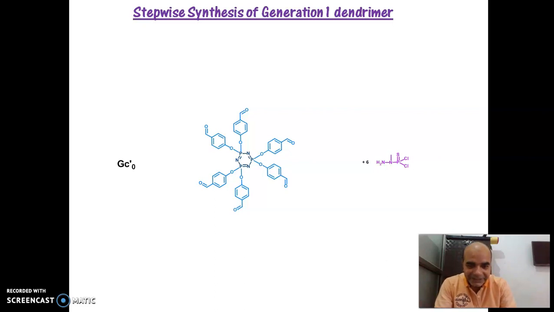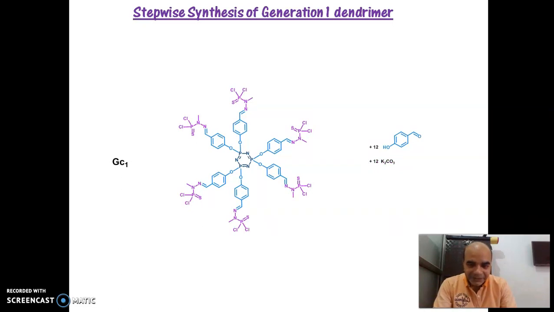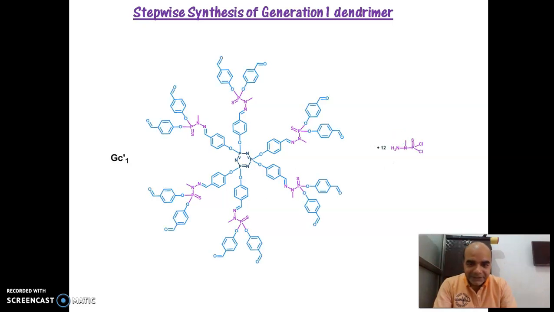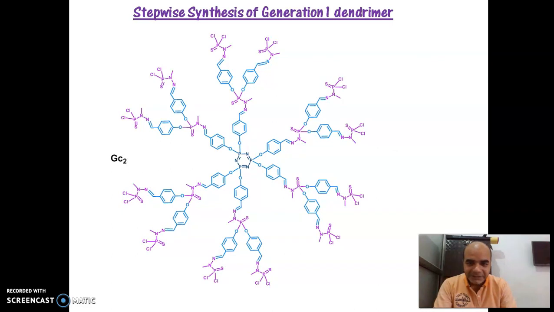We have put the aldehyde on the surface, and these aldehydes are then coupled with hydrazine-thiophosphoryl chloride. Then we again have chlorine on the surface. Then again this chlorine will react with 4-hydroxybenzaldehyde to have benzaldehyde on the surface. Then again it will react with hydrazine-thiophosphoryl chloride to have 12 chlorines. In this way we can grow the generations of the dendrimer.